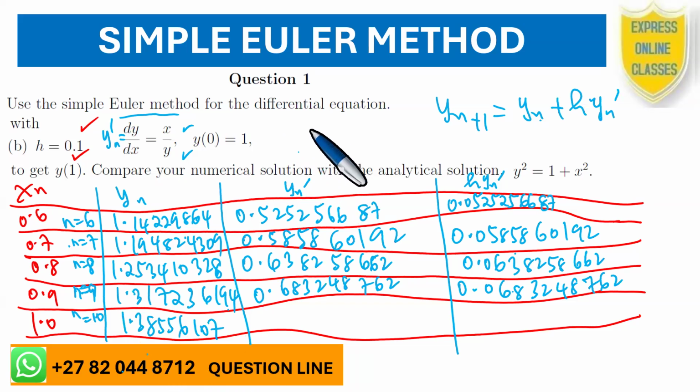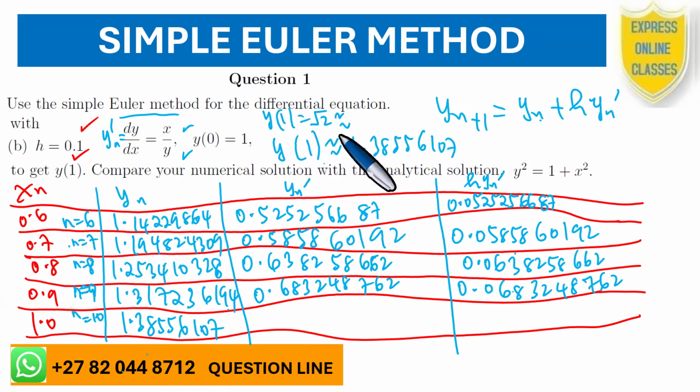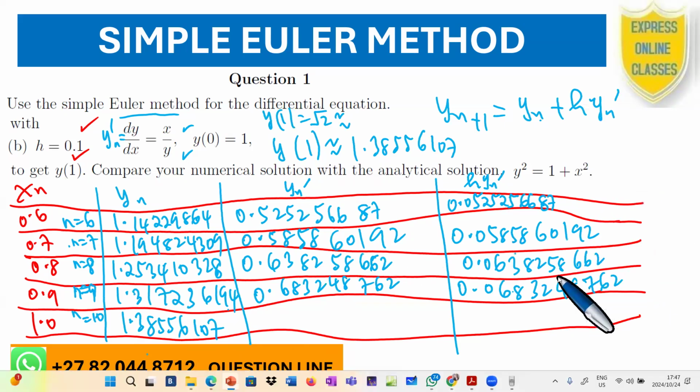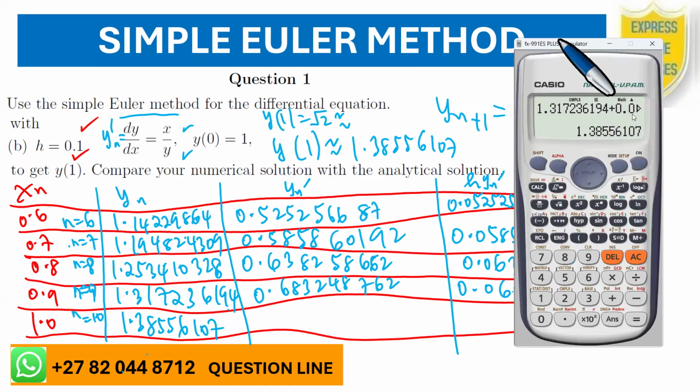Okay. So now what does it mean? It means therefore that y10 is approximately 1.3855 6107. The exact value is the square root of 2, which is approximately 1.412135562.